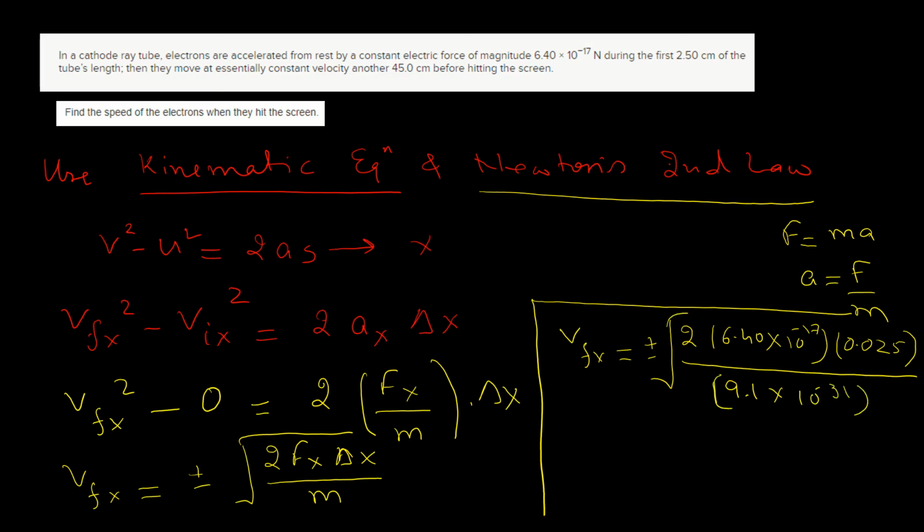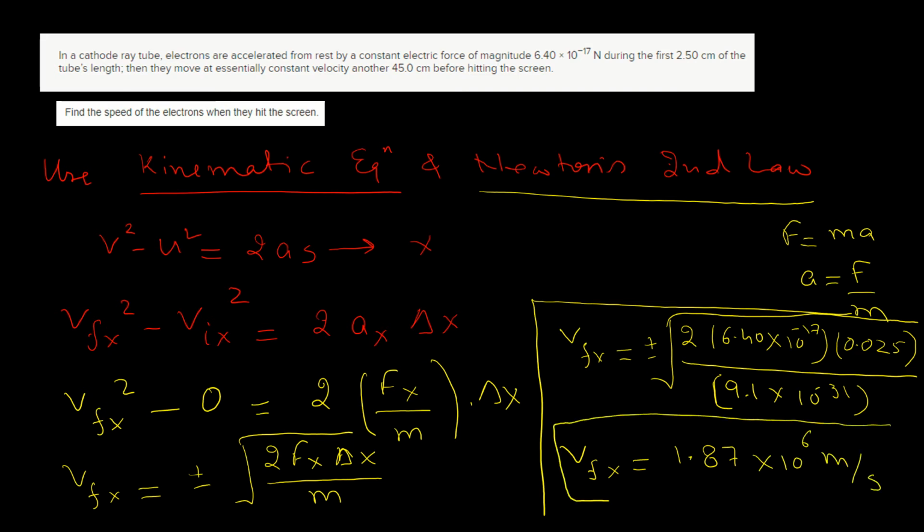Since the velocity is only positive, when you calculate this whole equation it comes out to be positive 1.87 times 10 to the power 6 meter per second. So this is the first part of this problem.